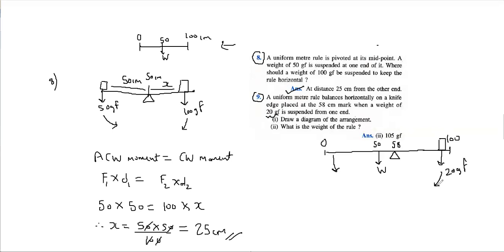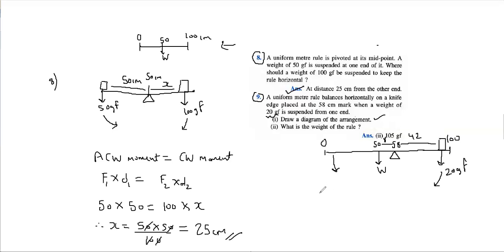The question says draw the diagram of the arrangement. This is the diagram of the arrangement. You can see this is the weight of the ruler. This is the fulcrum at 58. So this distance is going to be 8 centimeter, and this distance is going to be 42 centimeter. So this is our diagram for the arrangement. Next it says, what is the weight of the rule?